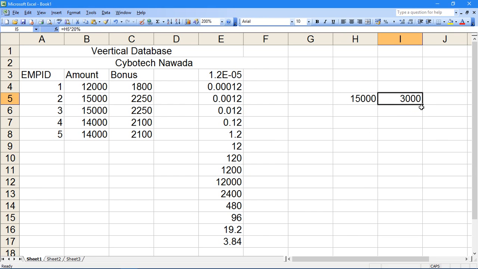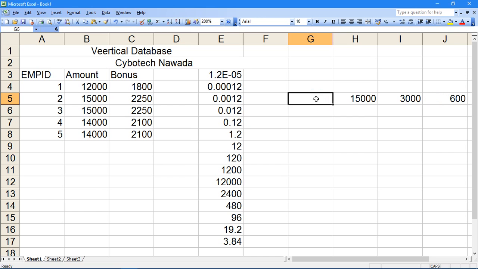Now it's fine, but if we copy it in a rightward direction, here the formula is H5, but in this cell the row number will not change, but the column number is increased from H to I. This is because of the relative measurement.